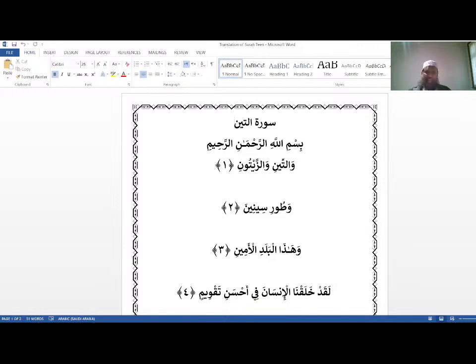Next, wazaytuni. Az-zaytun, we all know, is olive. This word also has a kasra at the end, again in halatul jar. So why is this word in halatul jar? Again, we can see there's a waw before it. So is this waw harful jar, or is this waw harful atf? Who can tell me?